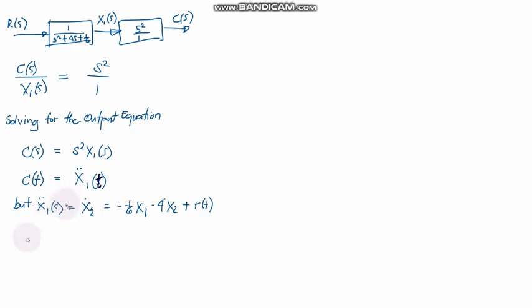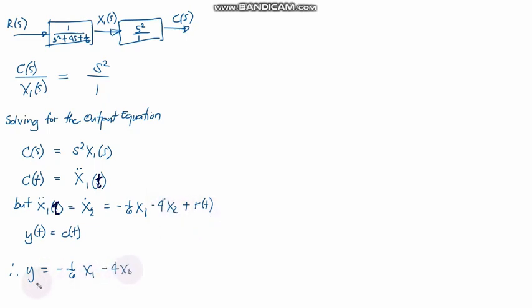And take note also that as we have derived from the previous slides, x sub 1 double dot is equivalent to x sub 2 dot, which is equal to negative 1 over 6 x1, negative 4 x2 plus r(t).